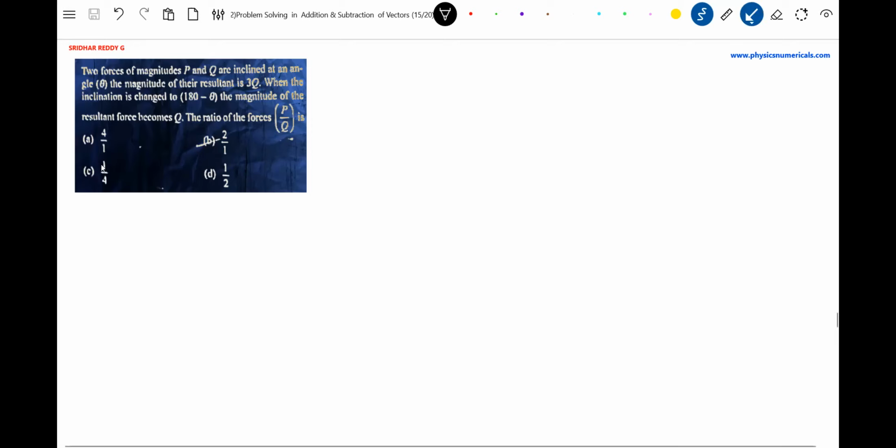Okay, first, as usual, my method is to take help of a diagram. This is P bar, next the vector, this is Q bar, inclined at an angle theta.